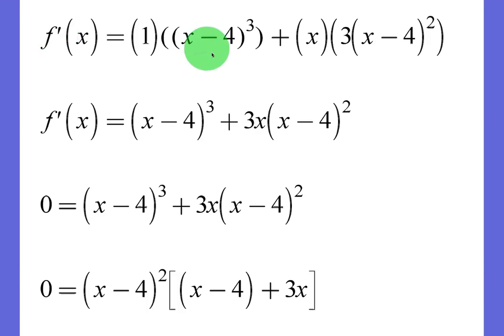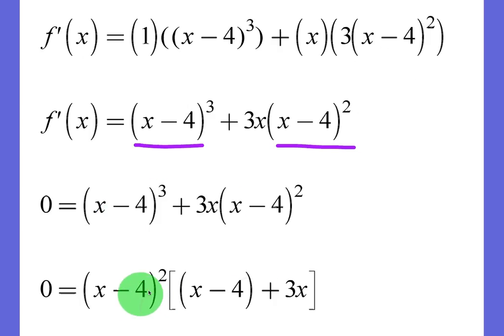It's going to be 1 times x minus 4 cubed plus x times 3 times x minus 4 squared. We're going to simplify this. This will be 3x. And then notice something. We can actually pull out an x minus 4 squared because they both have an x minus 4 squared in common. So we'll be pulling that out as a GCF.